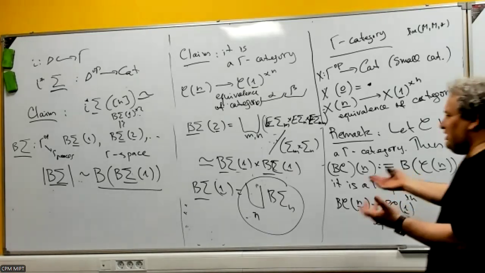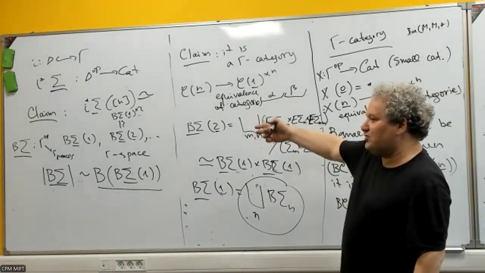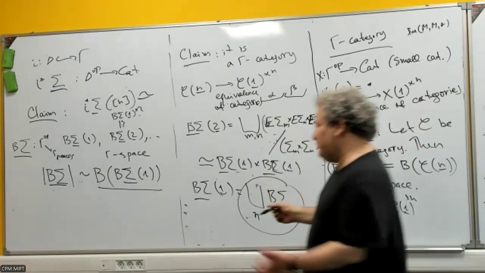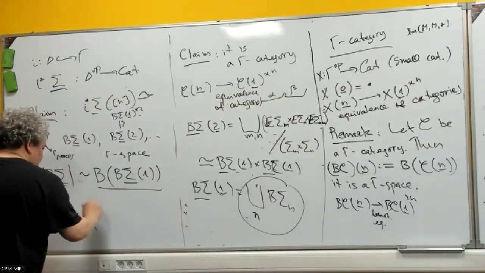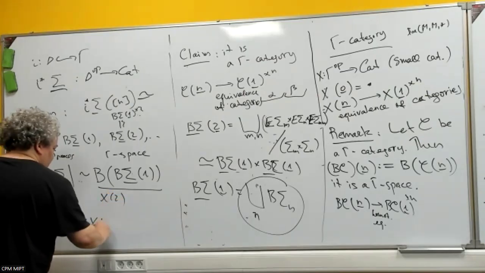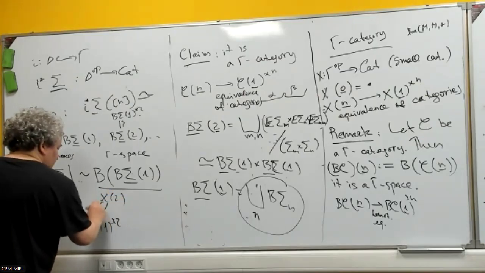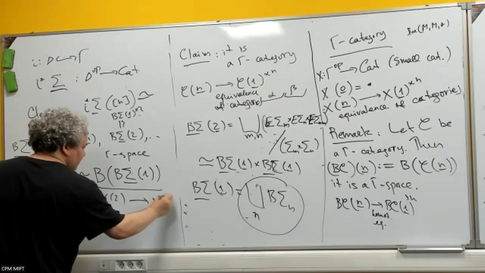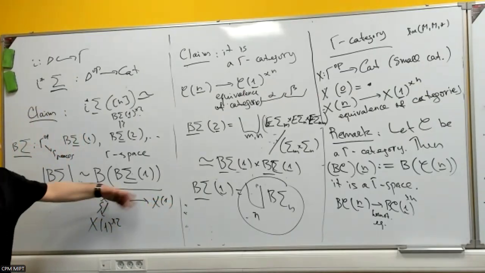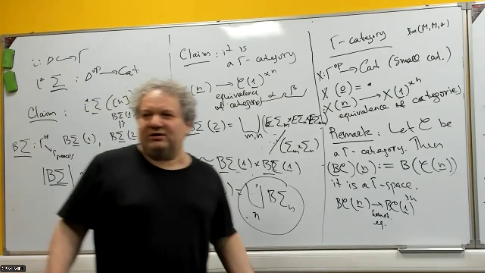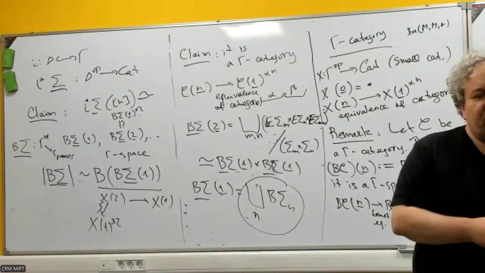In principle, for a general gamma space, such speculation wouldn't work, because for a general gamma space my formula from x2 here, it maps to x1 squared, this is homotopy equivalent, this is x2, doesn't give me an honest associative monoid structure on x1, just something up to homotopy.